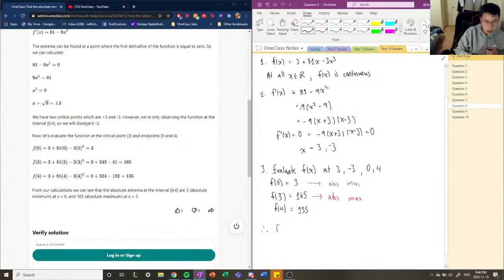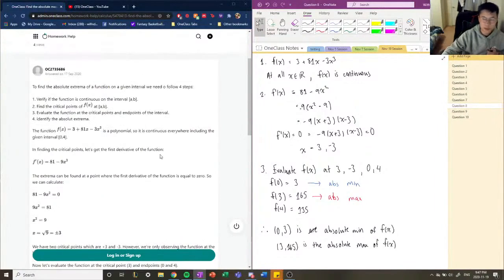The point (0, 3) is the absolute min of f of x, and the point (3, 165) is the absolute max of f of x.